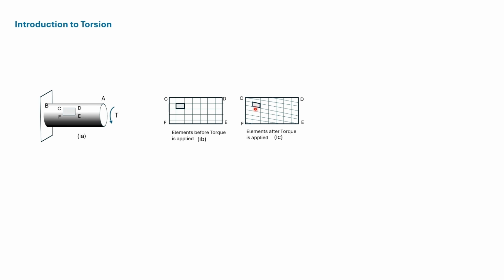After application of the torque, these angles change from the right angle values. Hence, one can conclude that this element has undergone shearing strain. Thus, application of a torque causes shearing stress and shearing strain.